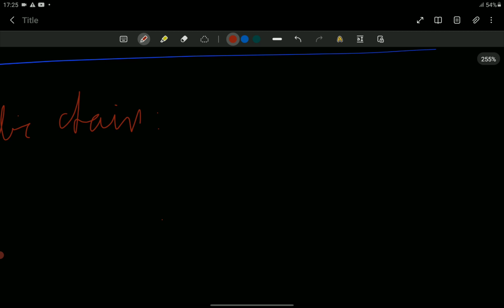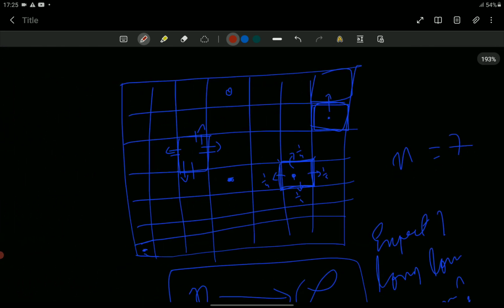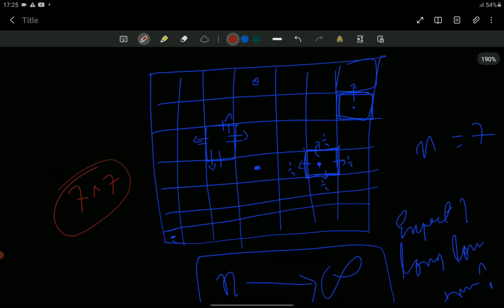So suppose that a system has some number of states. In this case, it's like 7 cross 7 states. By states, I mean in this case, where the ball is. So if the ball is in, let's say, the 3 comma 4 square, then I say that it's a particular state.